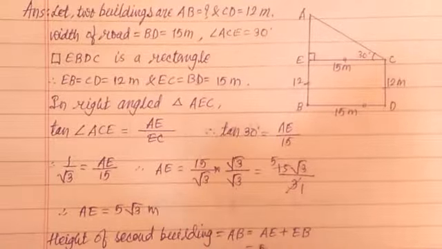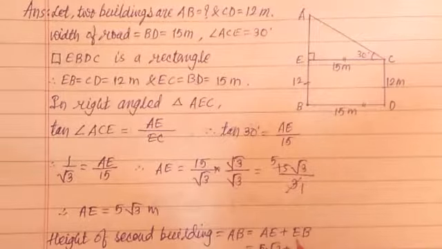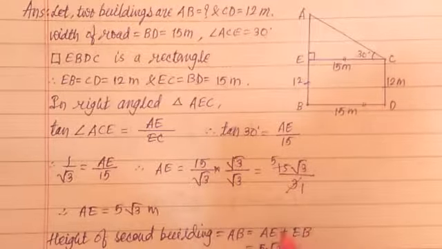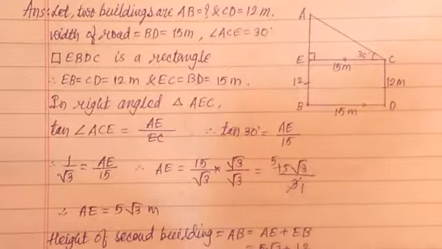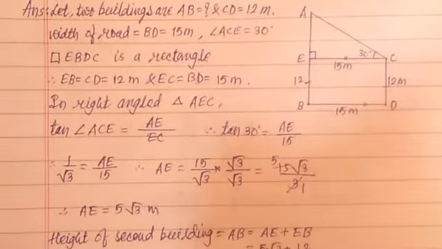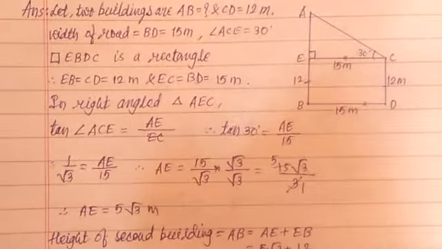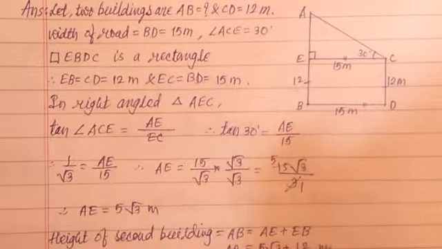AE is 5 root 3, plus EB is 12, and hence this is the answer, AB is equal to this meter.